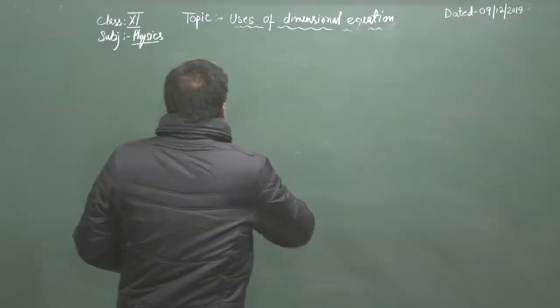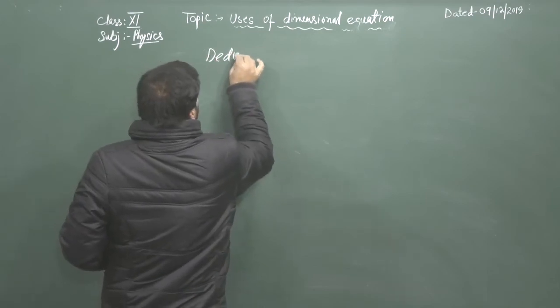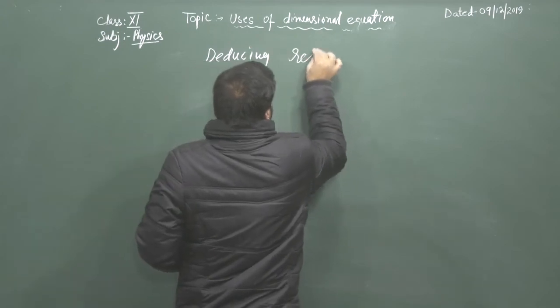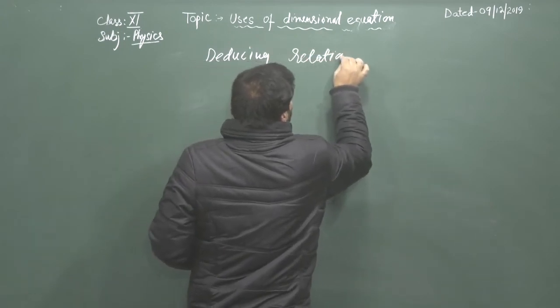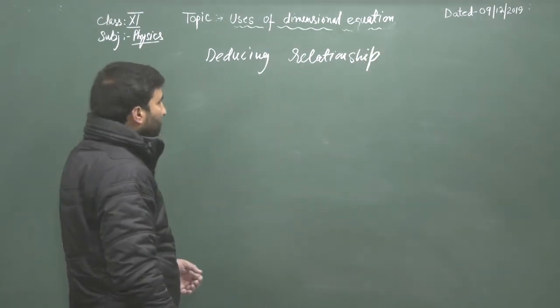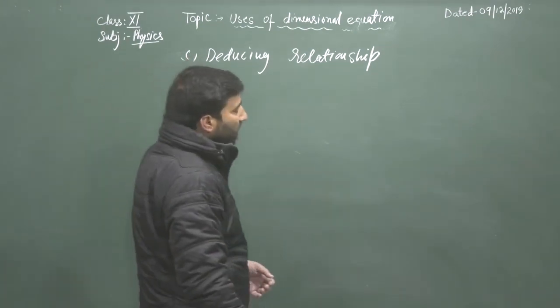This is the third use of this. The third use is deducing a relationship. So how can we deduce?